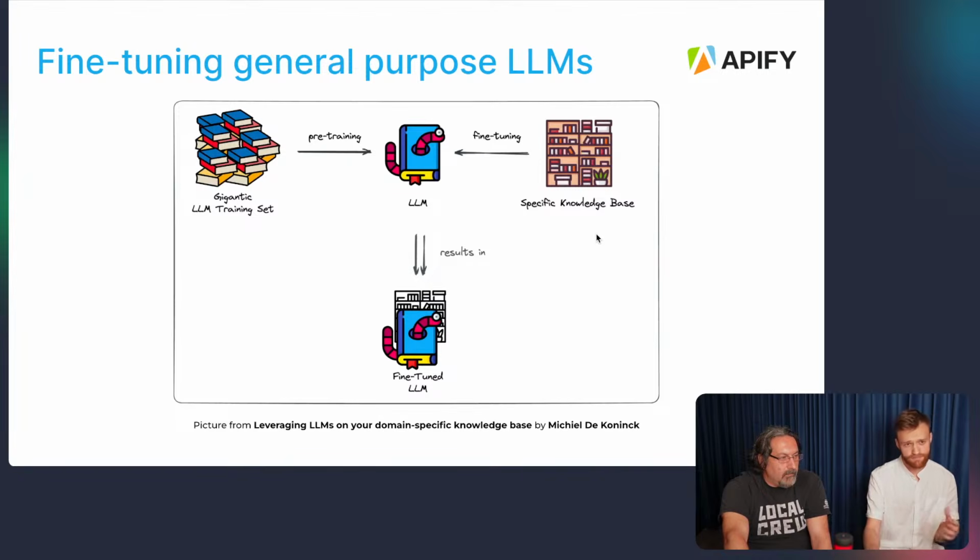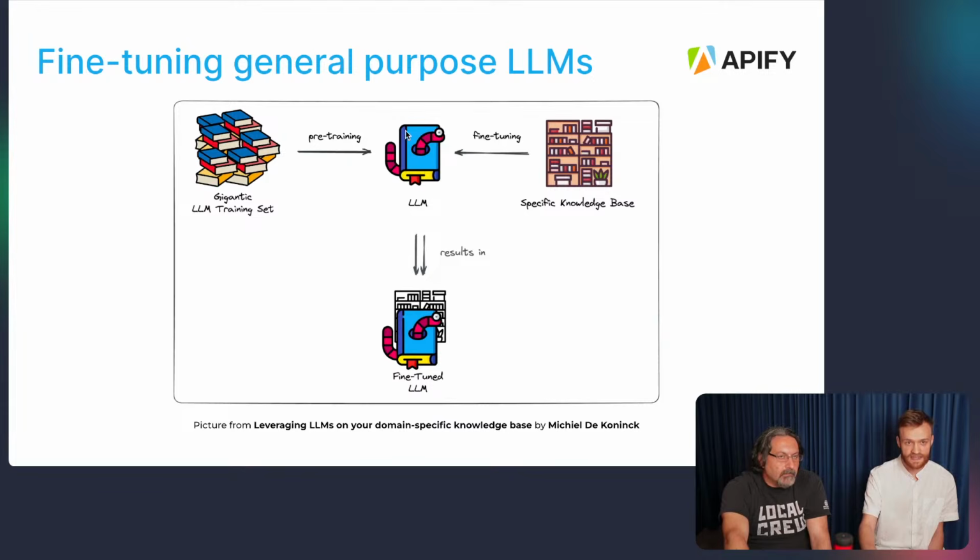Now, there are, let's say, two approaches to this. Let's take a look at the first one. In this case, we have a large language model, the one we buy from OpenAI or any other organization that trains large language models, and they did the part where they took a gigantic training set and trained the model.